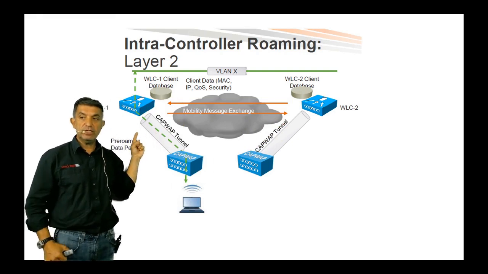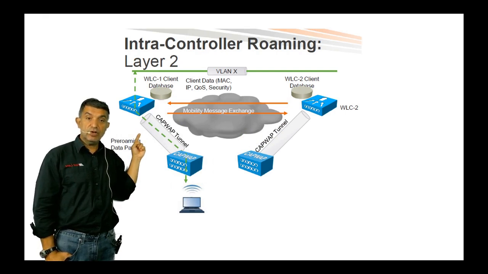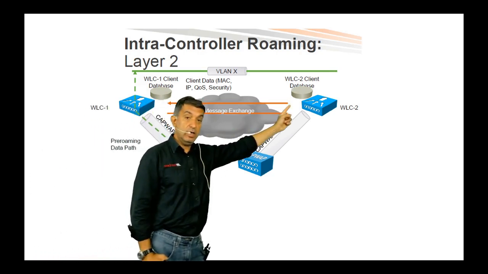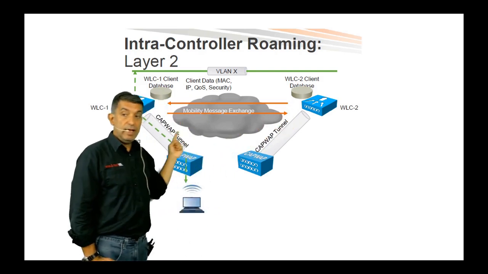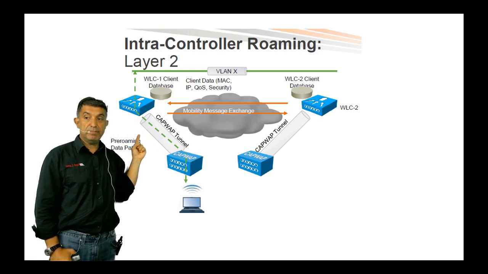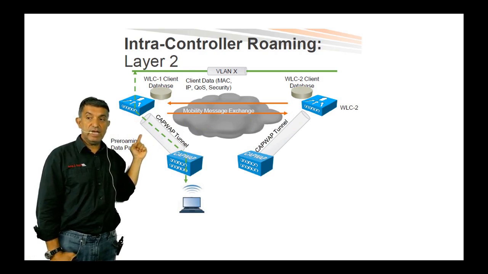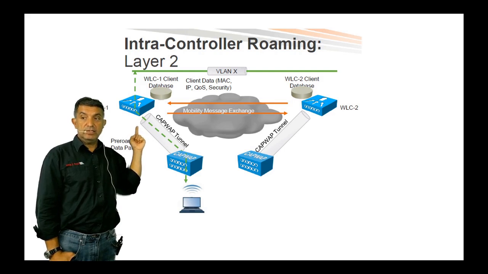If you are using VLAN number 20 for a guest SSID, you should configure the same VLAN number on the other controller. The subnet mask, default gateway, and the network TCP/IP stack should also match here.